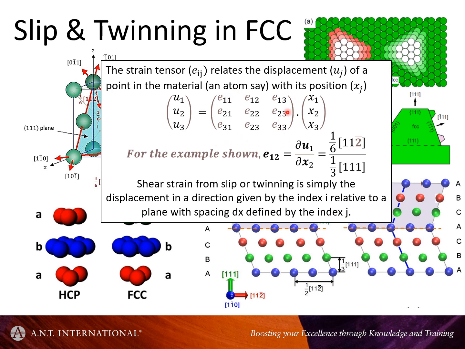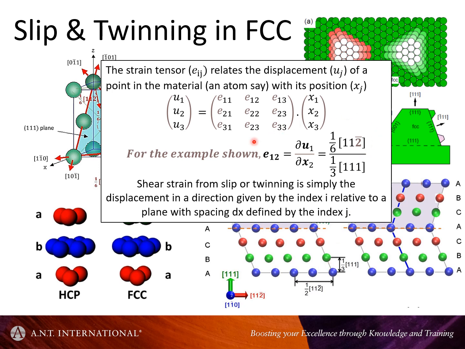So one of the elements of this matrix, E12 for instance, represents a shear strain. What that means is the displacement in a given direction, in the x1 direction, relative to the plane given by the x2 direction. And the shear is simply the displacement in one direction divided by the spacing of the plane.